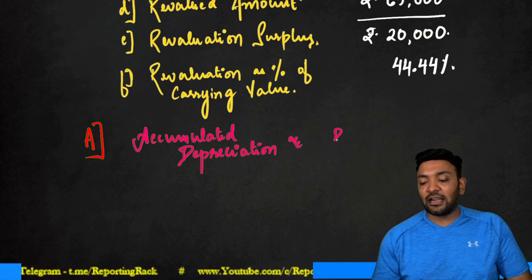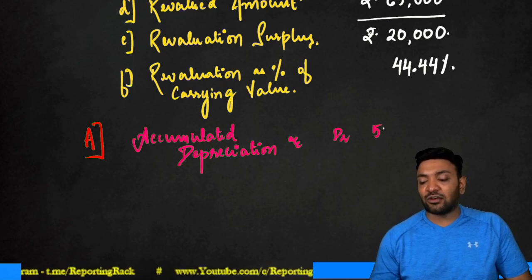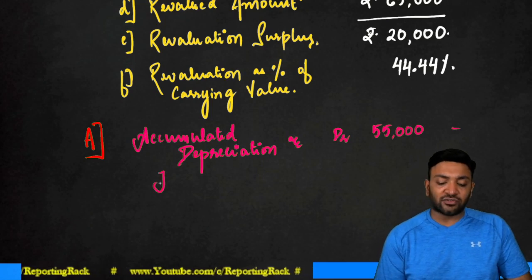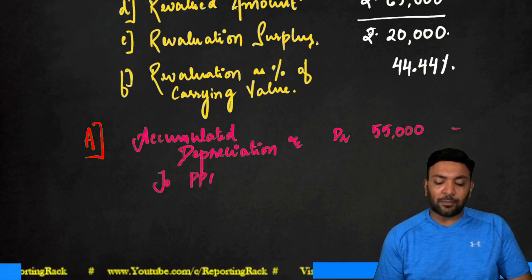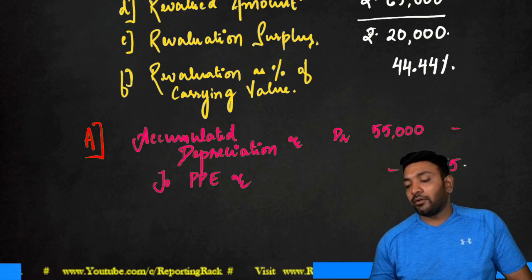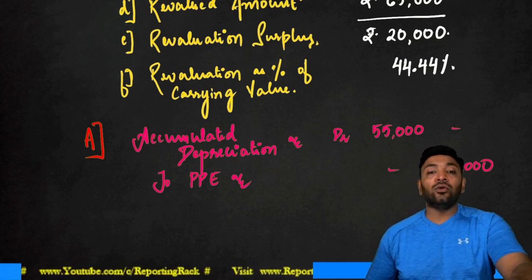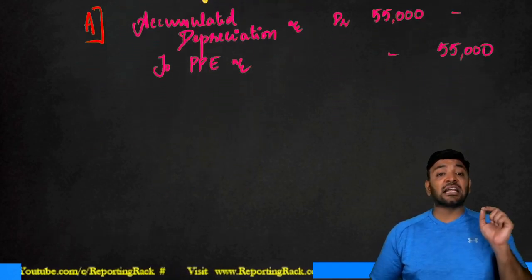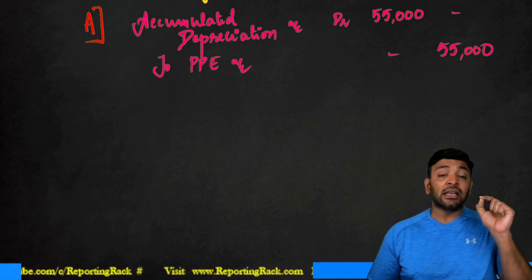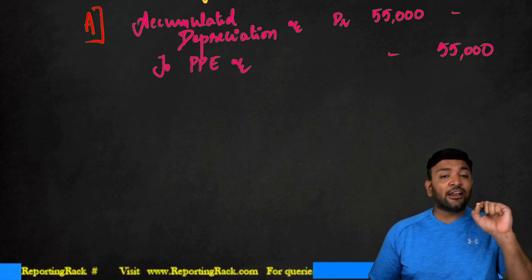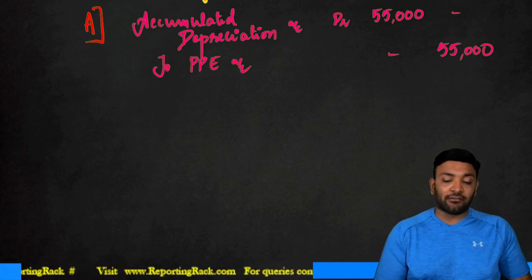The amount of accumulated depreciation is 55,000, which has to be cancelled out to the cost of the asset, property, plant and equipment. The asset which had a debit balance of 1 lakh, after charging off your accumulated depreciation by crediting the property, plant and equipment by 55, the value of PPE is today only 45.